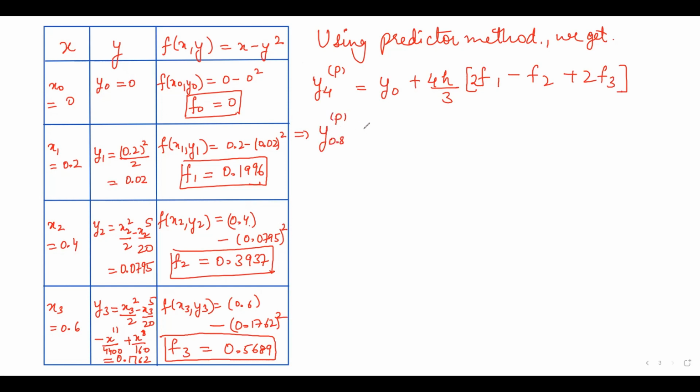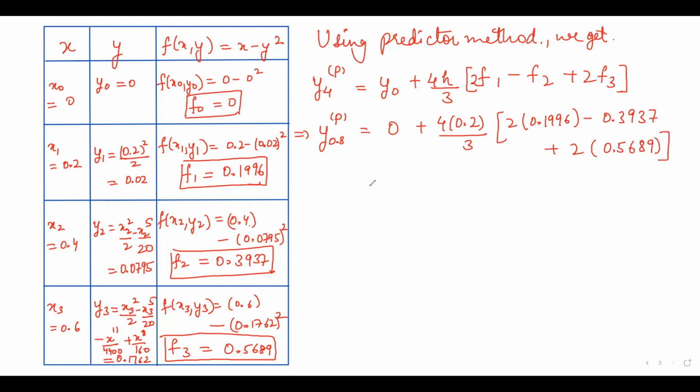That is the predicted value. So y naught is 0. We know h is 0.2. So I'll write here. Just take the values of f1, f2, f3 from the table and calculate. I have already done the calculations beforehand. So I'll just write the final answer here.